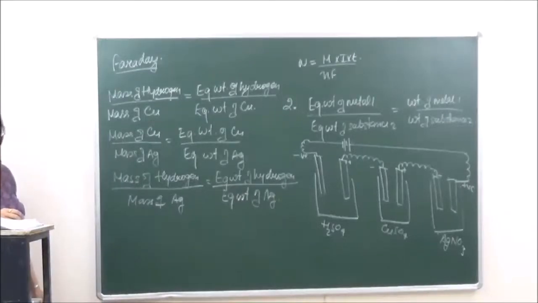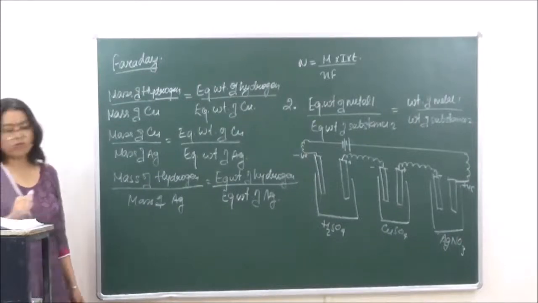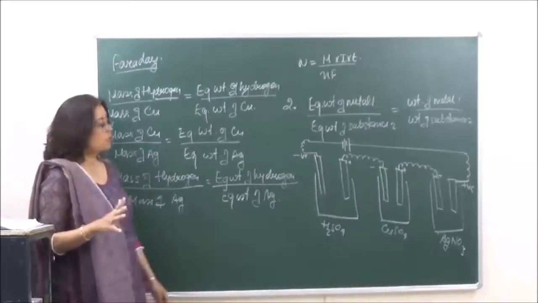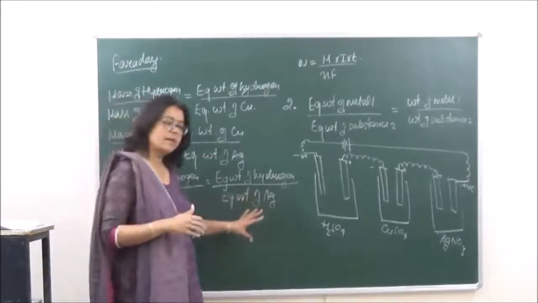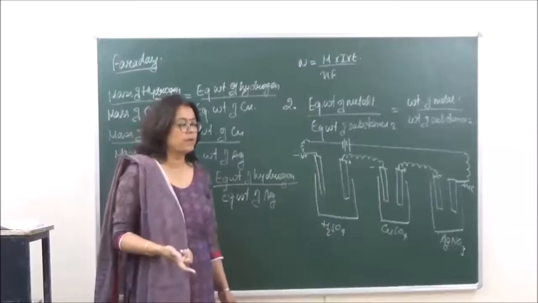Okay? Have you understood? So this is the second law of Faraday. Today we will do only till here. Tomorrow we are going to do questions from this section and then we go on to the next topic. Okay?